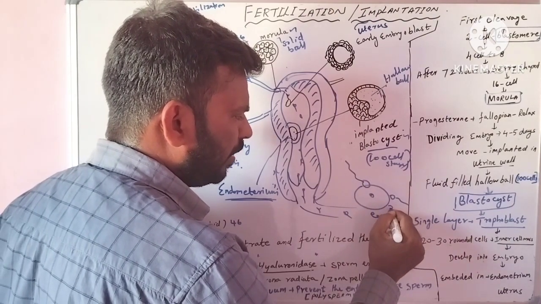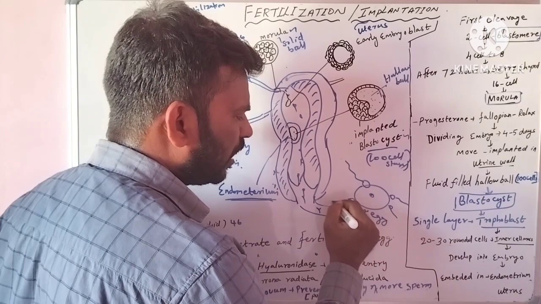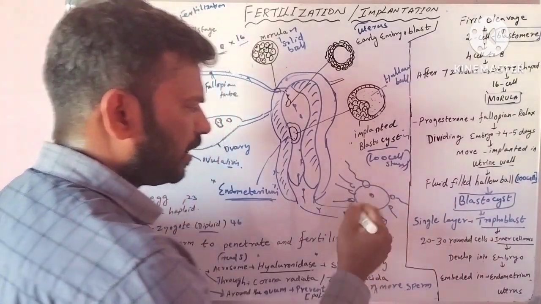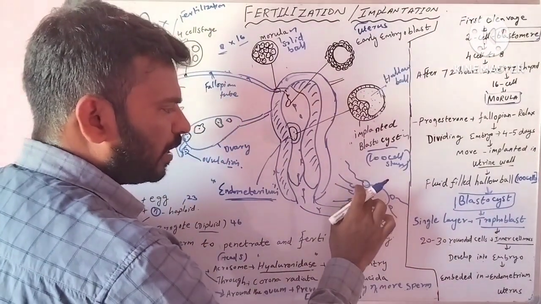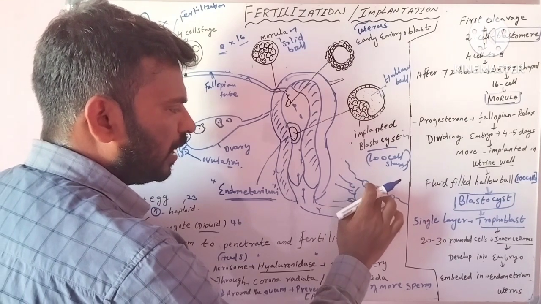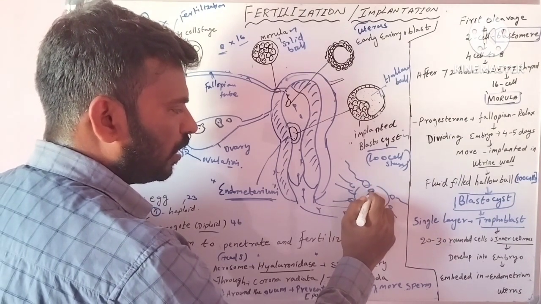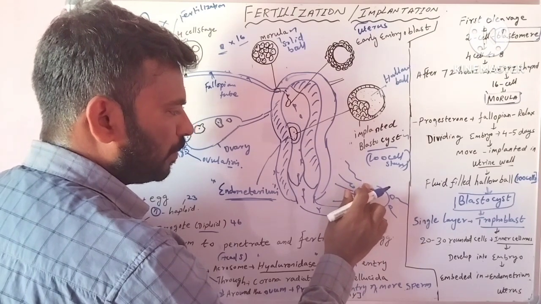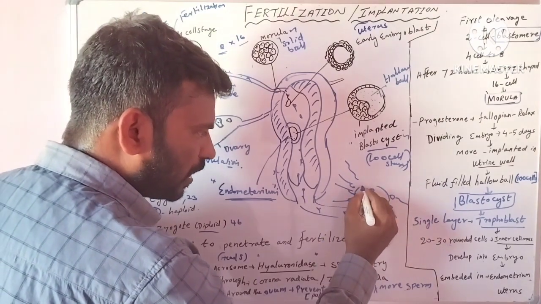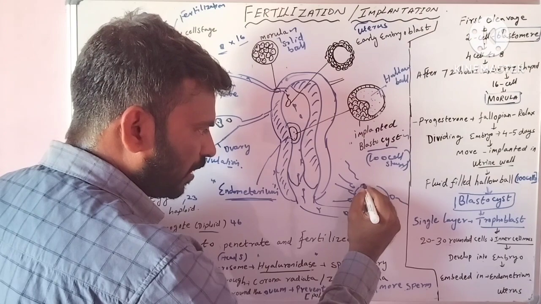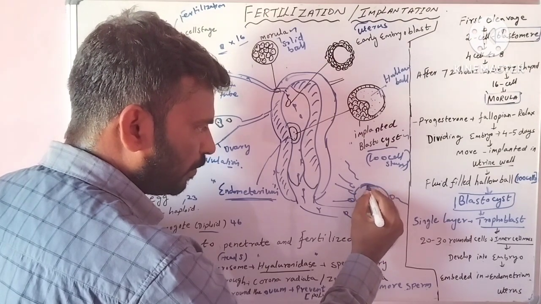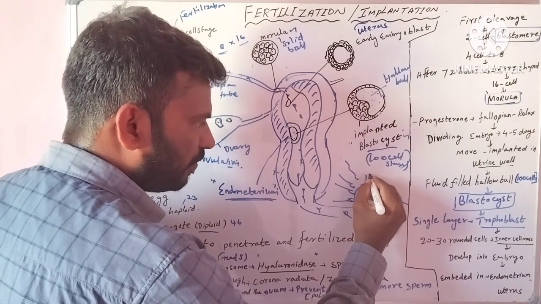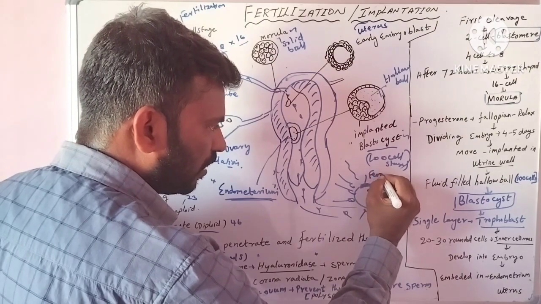Many sperm reach the egg cell, but the egg allows only one sperm. Immediately after the entry of the sperm, the egg forms one thick membrane. It is called the fertilization membrane.